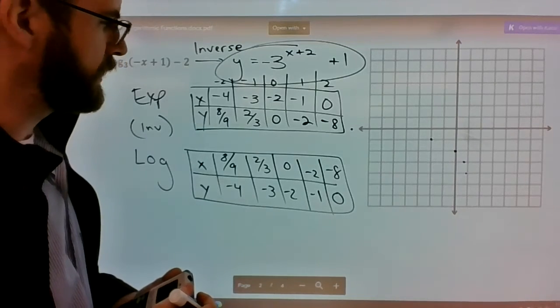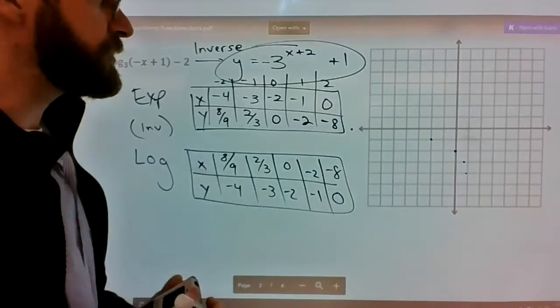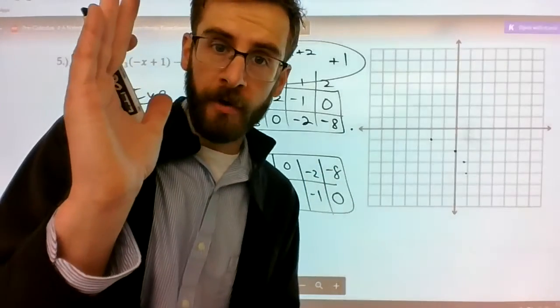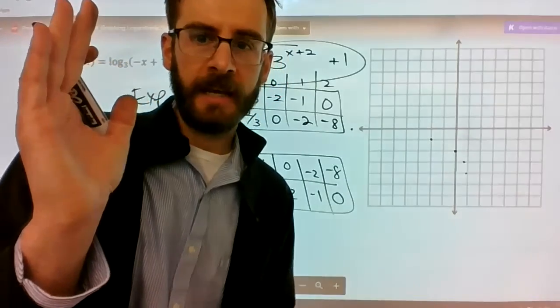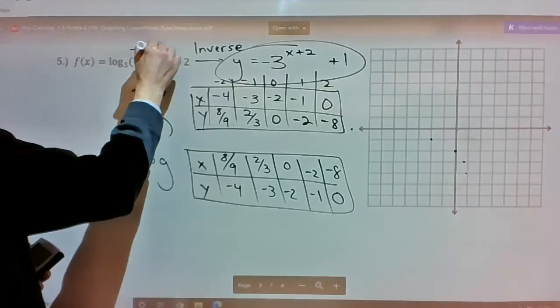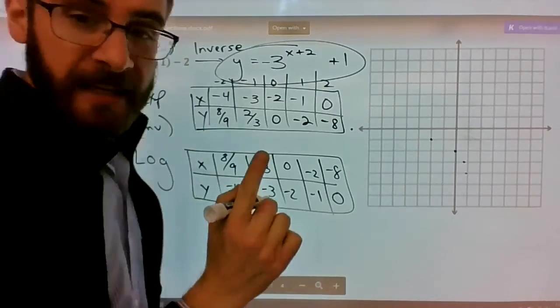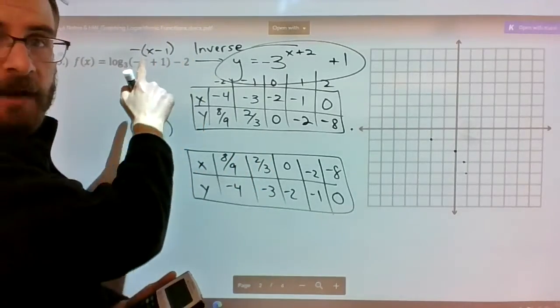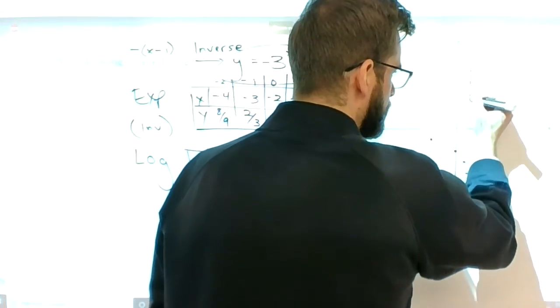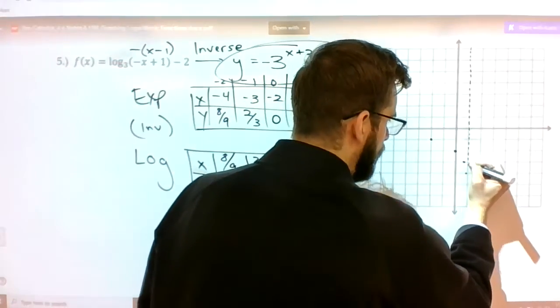Did I forget to plot one? No, I got them all. So the pattern. We always have like a brick wall where the log does not go beyond that. If it's a horizontal reflection and a shift right 1 unit, what you can expect to see is an asymptote at 1. It shifted it right 1 unit. All that makes sense.